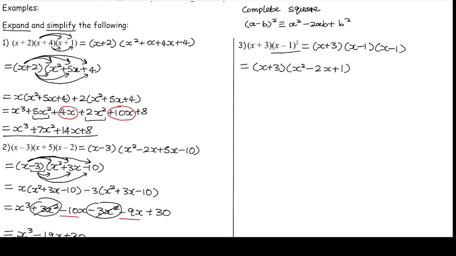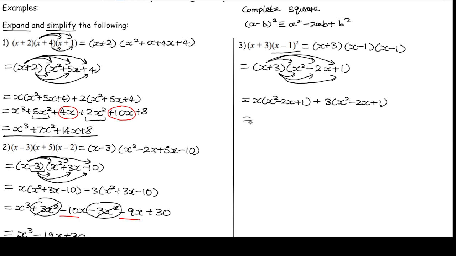So what do I do next? I need to multiply x to each of the terms in my third bracket, and I do the same with 3. So I've got x lots of x squared minus 2x plus 1 plus 3 lots of x squared minus 2x plus 1.